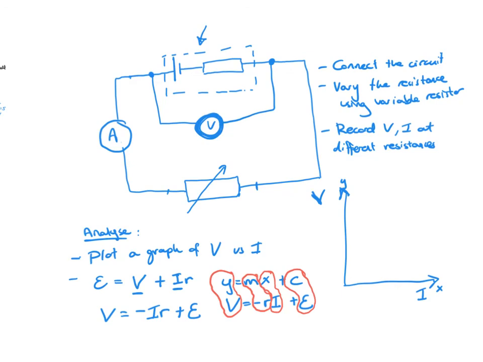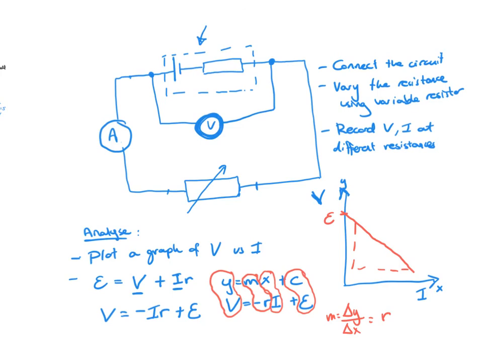So what you would expect is a y-intercept, which is your EMF, and a straight line that's got a negative slope. So if you calculated the gradient, the change in y divided by the change in x, that is going to be equal to your internal resistance. And remember to get the biggest triangle for the gradient.